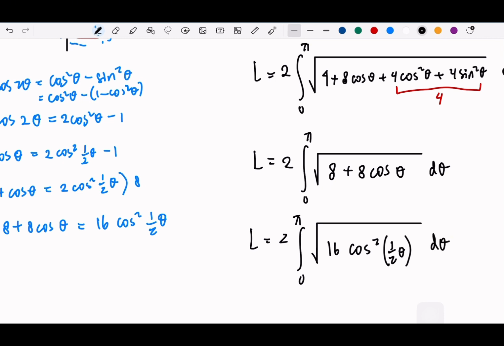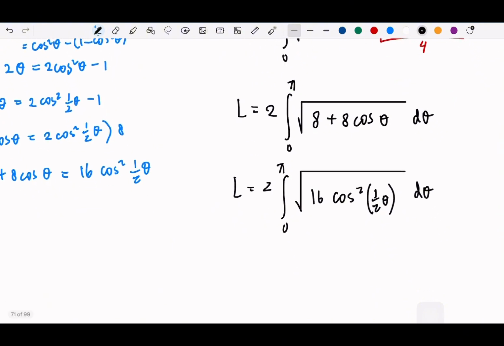Now this is something we like. We can take the square root, make 16 become 4. So 4 cosine half theta, right?